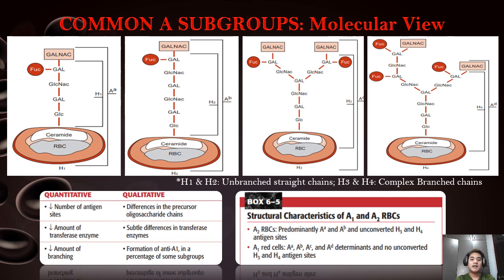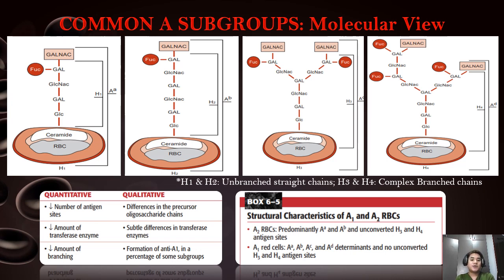Meaning to say, A2 enzyme can convert H1 and H2 antigens but in lesser amounts as compared to your A1 enzyme. That is evident in the quantitative difference, that there is a decreased amount of the enzyme that may have resulted in less efficient conversion than your A1 enzyme.